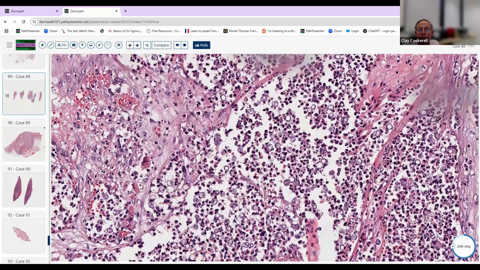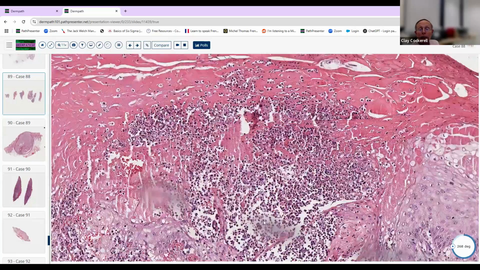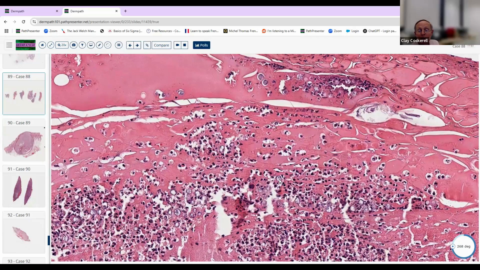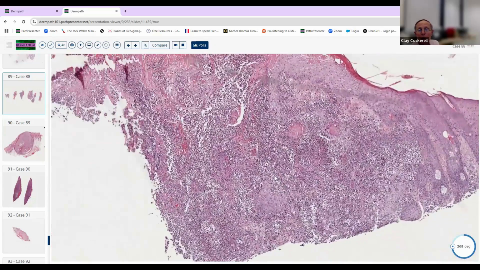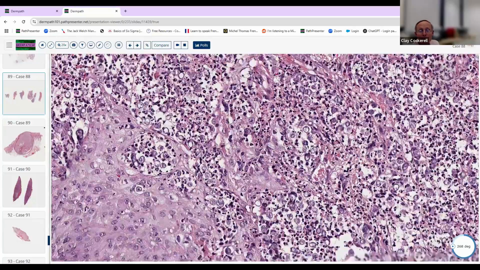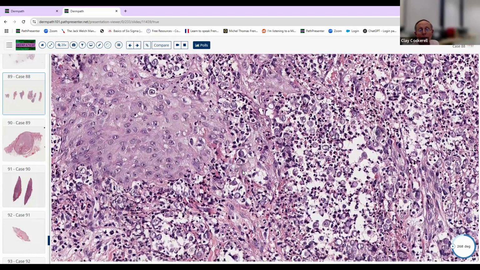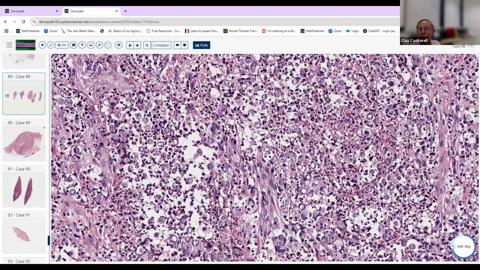Broad-based buds equal blasto. A lot of times you get transepidermal elimination, like here. And then look inside the histiocytes, sometimes in the multinucleated histiocytes. There's some inside this histiocyte. This guy's got so many of them, you look everywhere. So he might have been an immunocompromised patient. So that's blastomycosis.